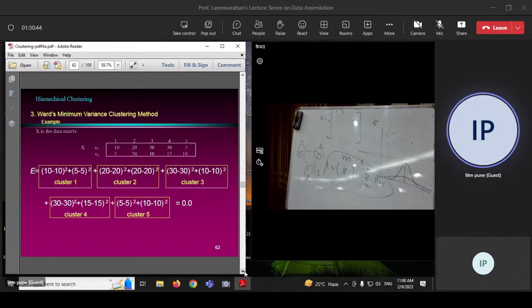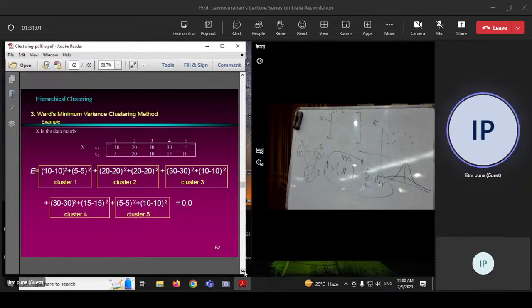So by minimizing the intra-cluster scatter, it means what? I'm trying to make these clusters as tight as possible. I want to have a cluster which is very tight.